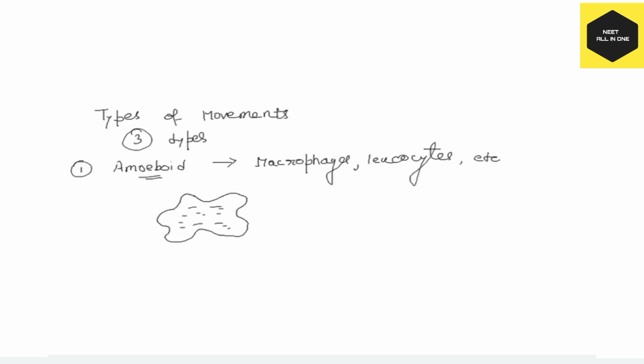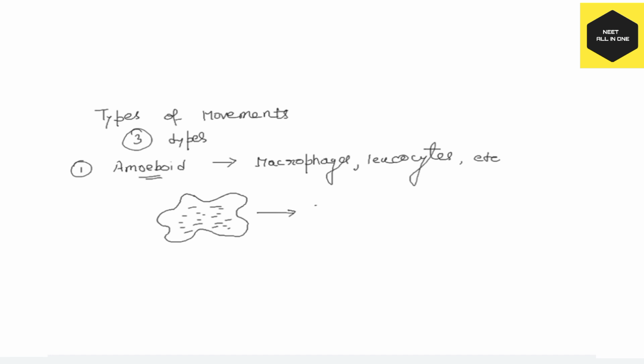Okay. Now what it does, this amoeba forms streaming of protoplasm. What is streaming of protoplasm? It means that it shifts the material that is present inside the body forward, and it will change its shape while it moves forward.